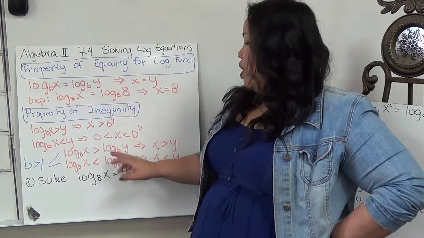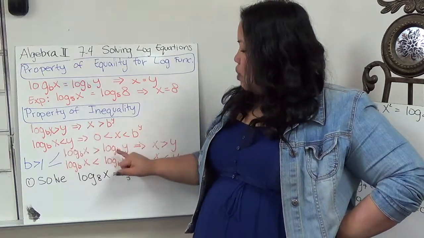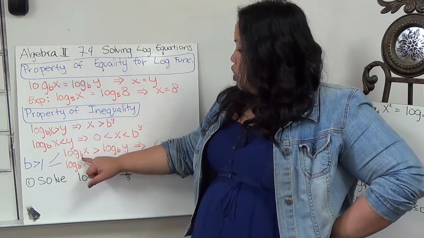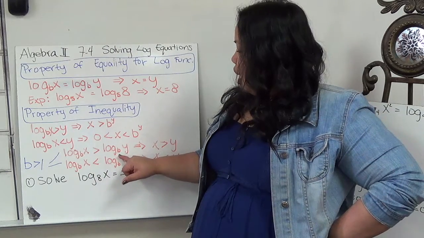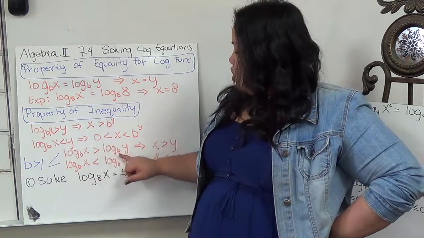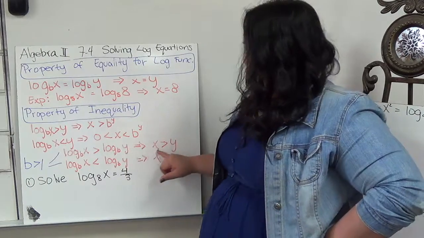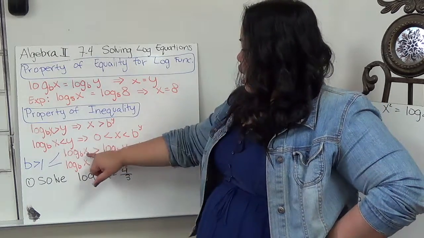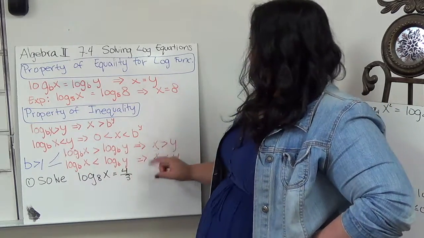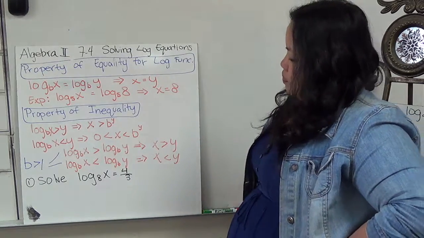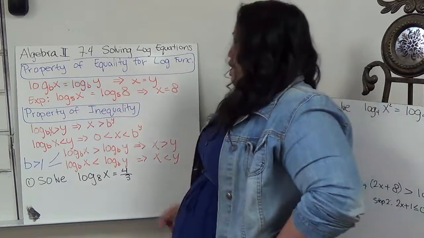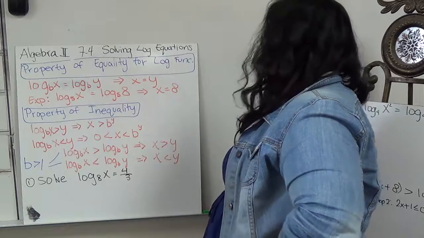This one just has a y on one side. This one is 2 logs. So as long as b is greater than 1, then we can just focus on the x and y, whether it's greater than or less than. So they're asking me to solve log base 8 of x.